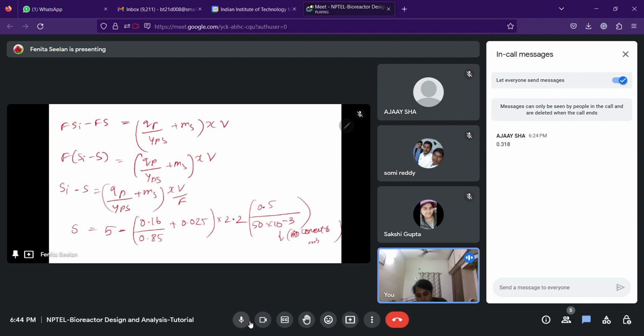So now let's solve this and get the answer. Can anybody solve this and get the answer for this? What would be the answer?